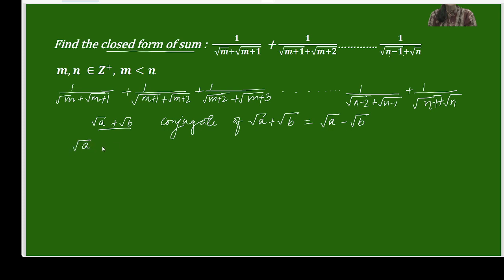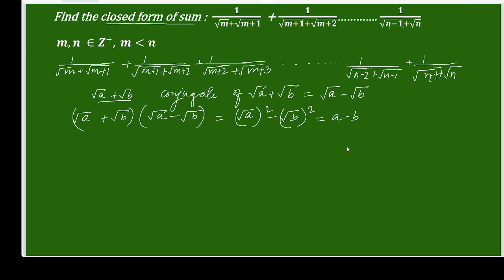What does it mean? If we multiply one irrational expression with its conjugate of this type, I'll get a rational number, a minus b.